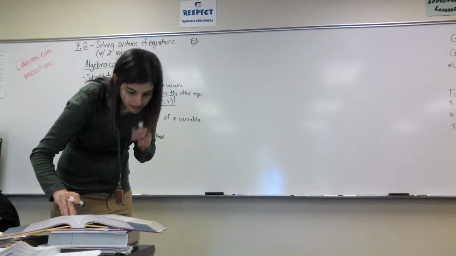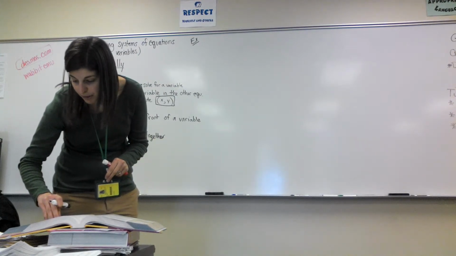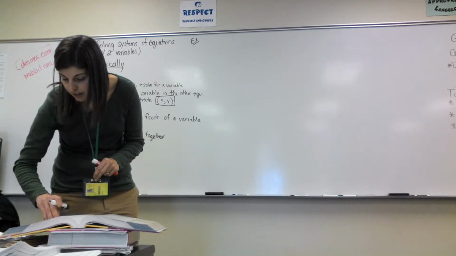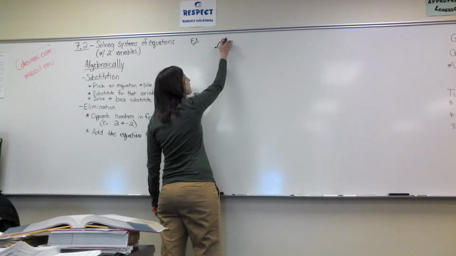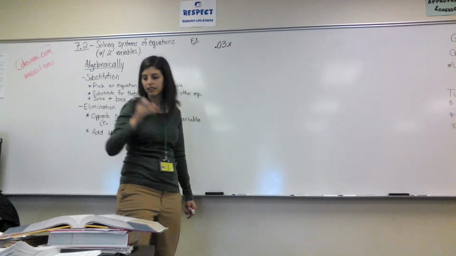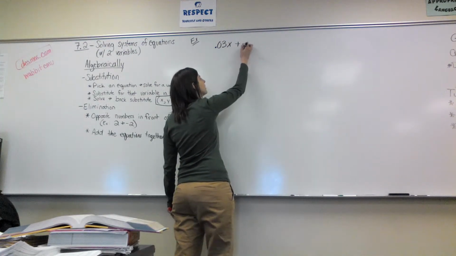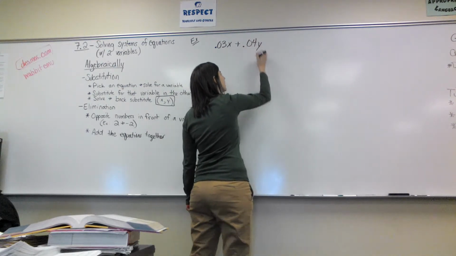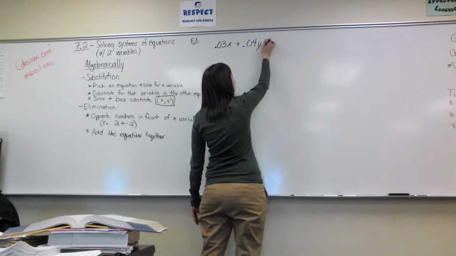In fact, let me give you a decimal one, because that'll answer some questions at the same time. 0.03x plus 0.04y equals 0.75.